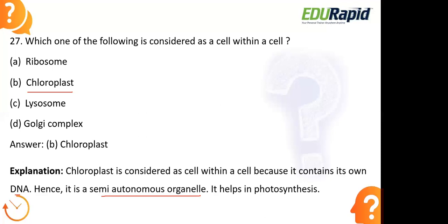If an organelle has its own DNA, definitely it can also synthesize its own ribosomes. So out of the given options here, chloroplast is the one which has its own DNA.